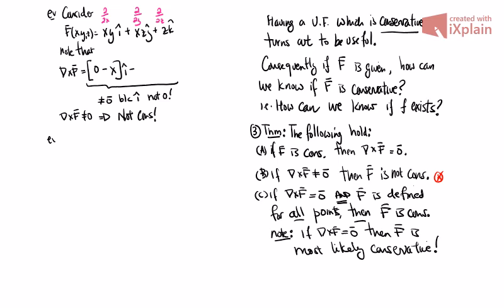So here's another example. Consider f of x, y, z equals 2xy i plus x squared plus z j plus y plus 2z k.